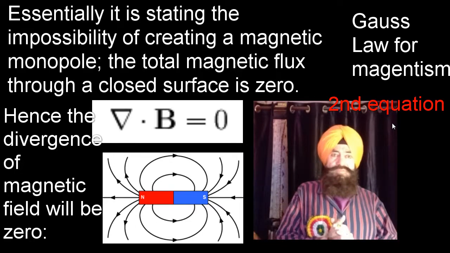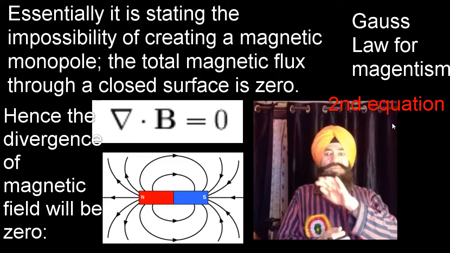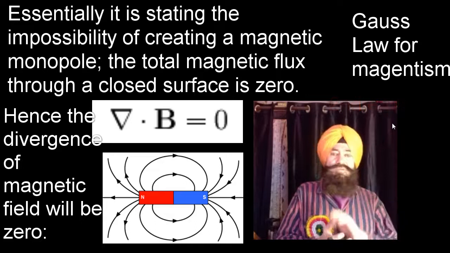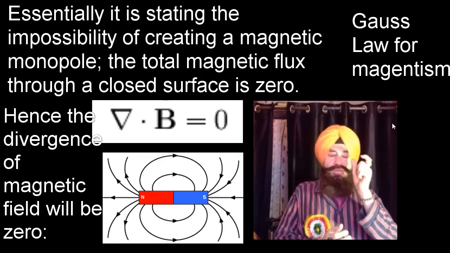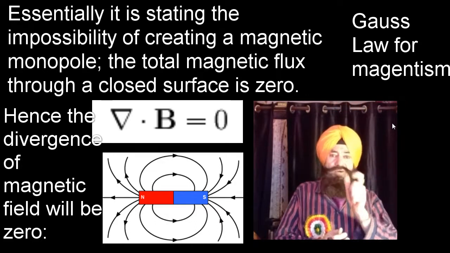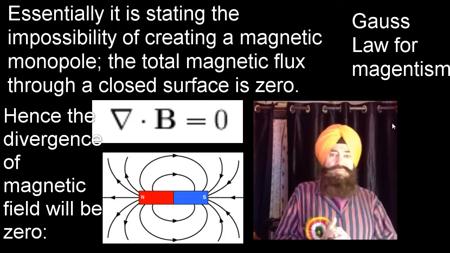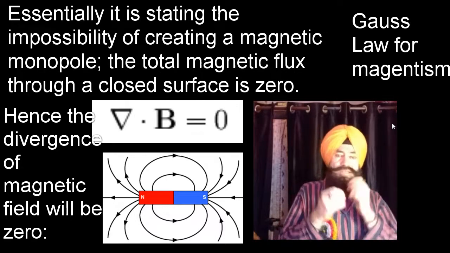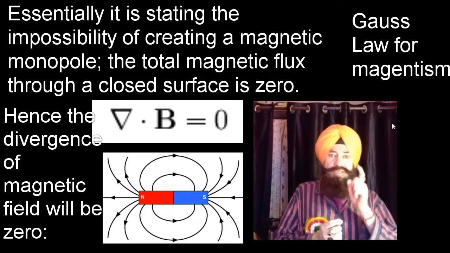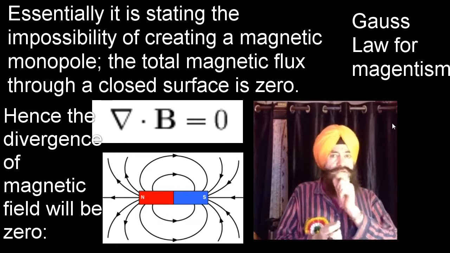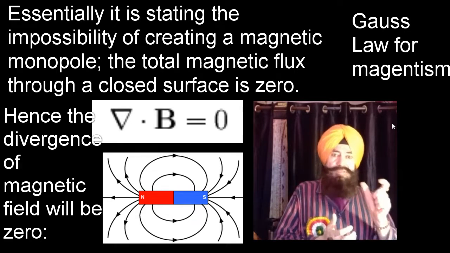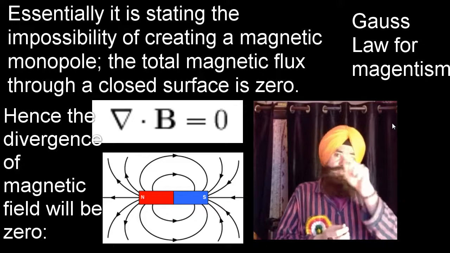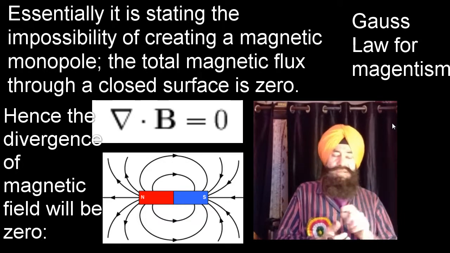Why so? Because magnetic field always exists in loops. Because in case of magnetic field, there always exists a dipole, north pole and south pole together. In nature, you never find a single pole. That's the reason. Because dipole exists, so there are loops of the magnetic field.